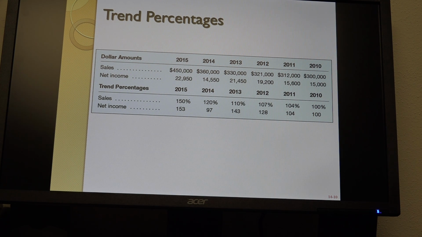So, for example, let's look at 2015. Sales of $450,000 when compared to 2010, your base year, is 150% of 2010, right? 450,000 is 150% of 300,000. From a net income standpoint, 2015's 22,950 is 153% of the 2010 net income of 15,000. So that's how you read those.